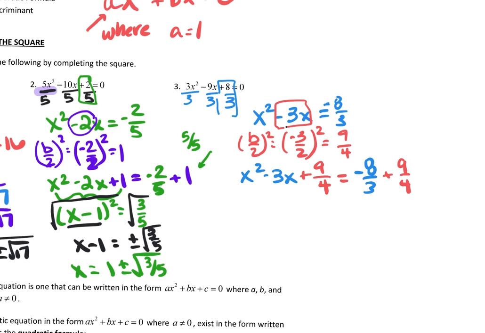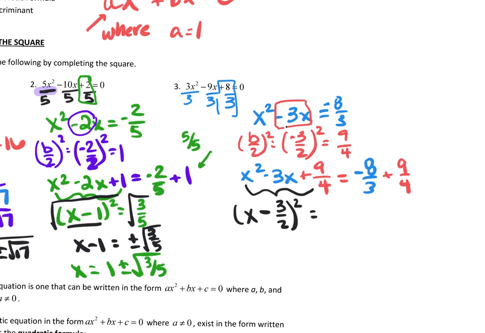Now, in order to work this as a perfect square, remember what we do. We just take this part of the perfect square. We take x, whatever this sign is again, minus, and we do the number that we got sitting inside of here, which is just 3 over 2 in this case. And we square that, and that equals.